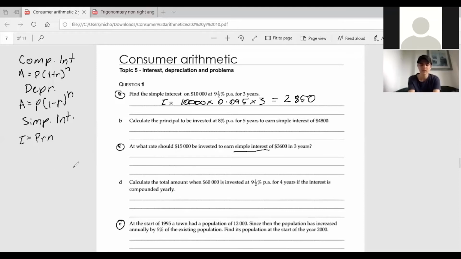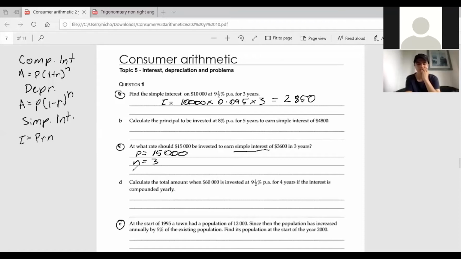So what have they given us? You have the principal, which equals 15,000. What else do we have? You have the amount of years, or the time taken. Yep, 3 years.